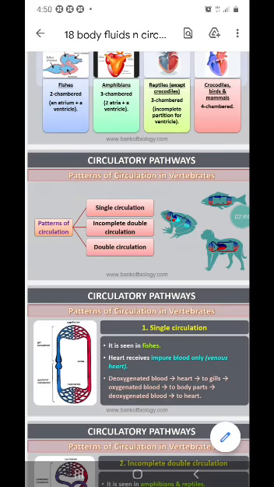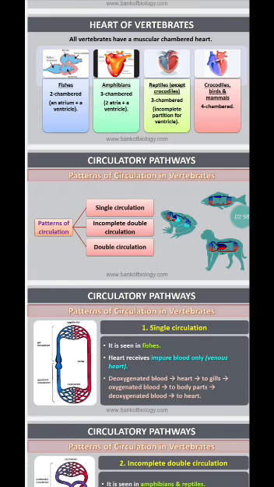In fishes, the heart is made up of only two chambers, which is one atrium and one ventricle. When you go to the next higher level, that is the amphibians, they possess a three chambered heart. Three chambered, which means there are two atria and one ventricle. Okay, right.